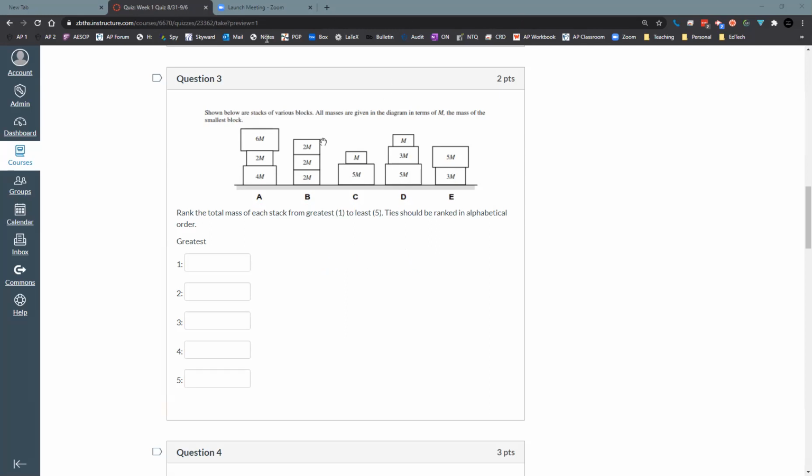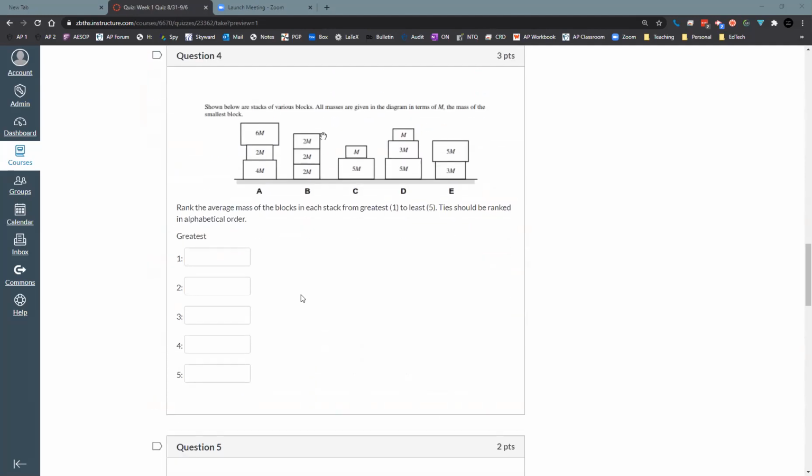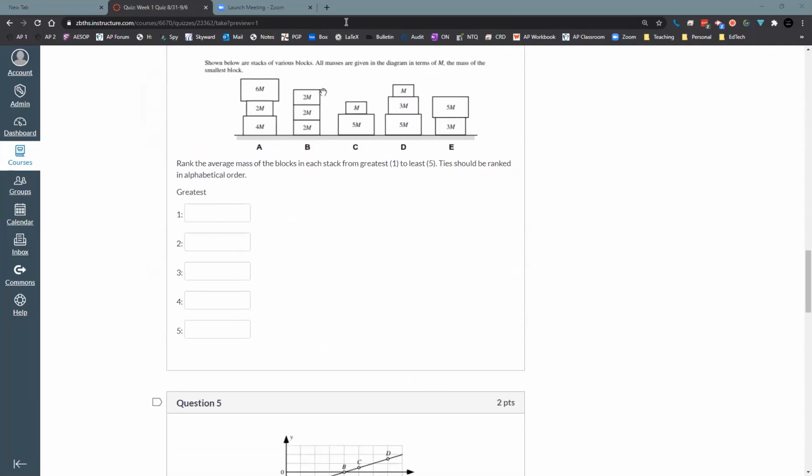All right, question 4. We got the same picture, average mass of each block, so it's going to be the same thing. So we said before this stack was 12 divided by 3 gives me 4. This stack is 6 divided by 3 gives me 2. This stack is 6 divided by 2 gives me 3.